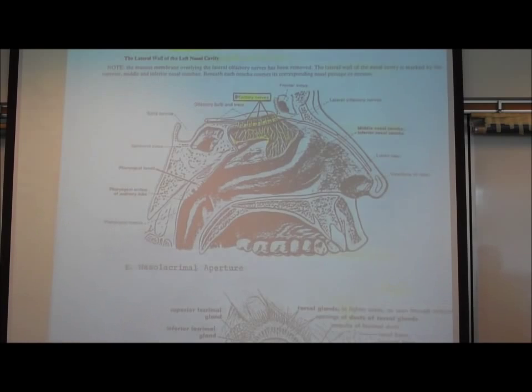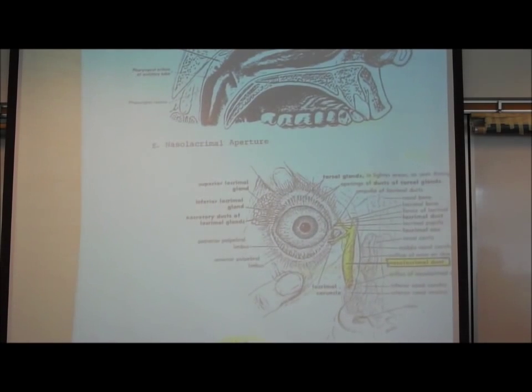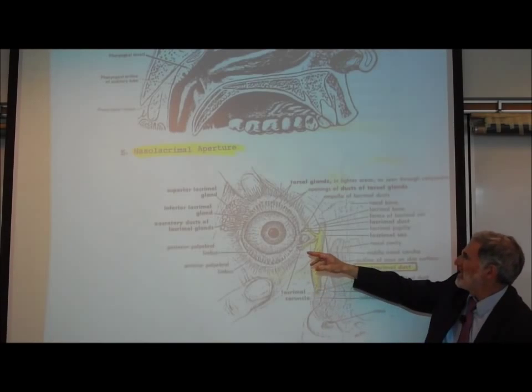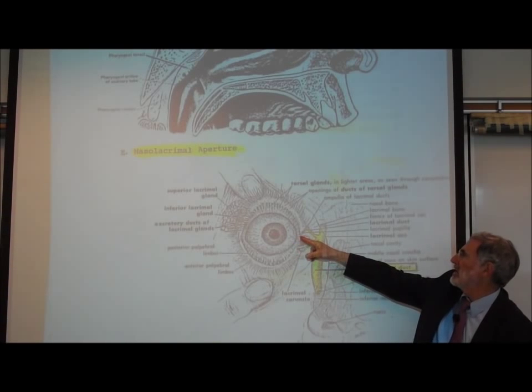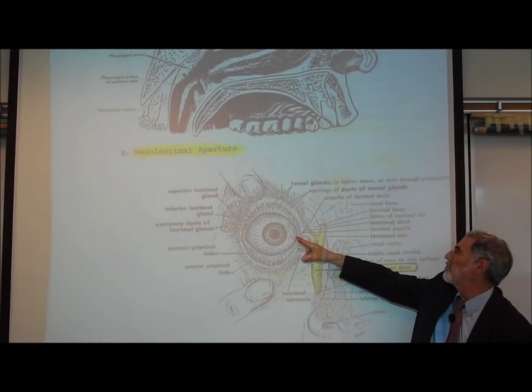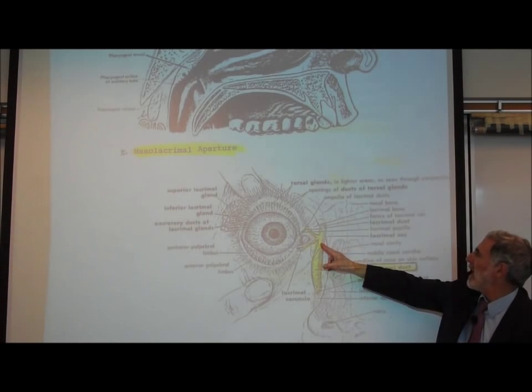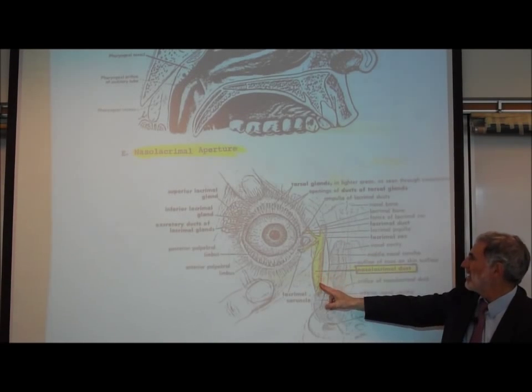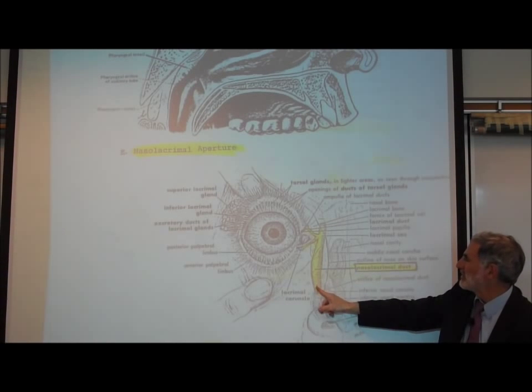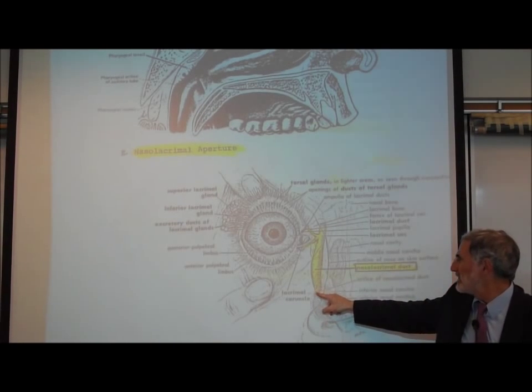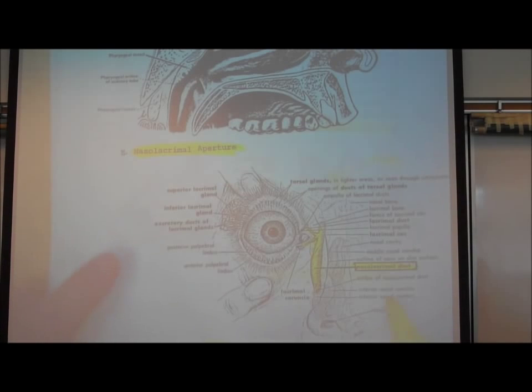Lower down on the page, the nasolacrimal aperture. The tears are carried from the medial corner of your eye through this nasolacrimal canal that allows the tears to come out your nose. And this opening is called the nasolacrimal aperture.